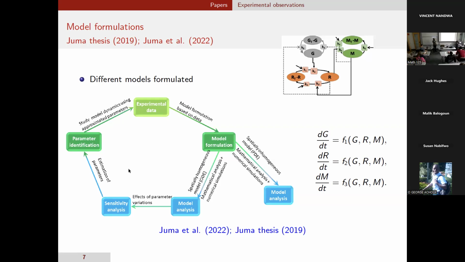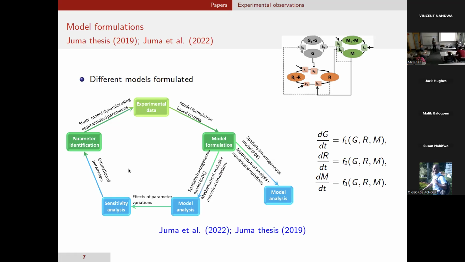But because these molecules are conserved, we can reduce this to three equations, or ODEs. We can have different biological and mathematical assumptions, which give different mathematical models. We derived several models, but in the thesis we only have three, which we labeled GRM1, GRM2, and GRM3. The focus was to understand the temporal interactions of these proteins and their behavior.